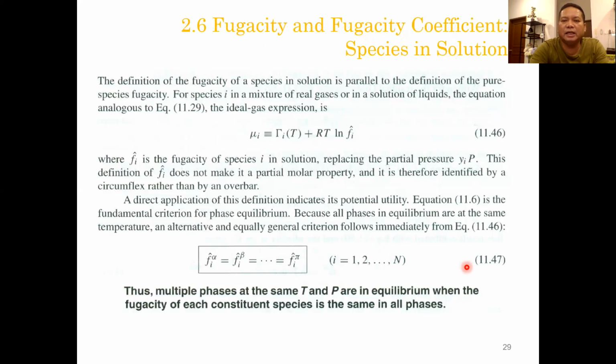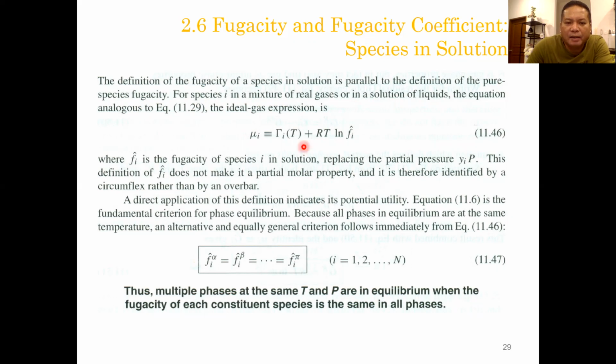Fugacity and fugacity coefficients of species in solution. The definition of fugacity of a species in solution is parallel to the definition of pure-species fugacity. For the fugacity of species i in a mixture of real gases or in a solution of liquids, the equation analogous to equation 11.29, the ideal gas expression, is this.